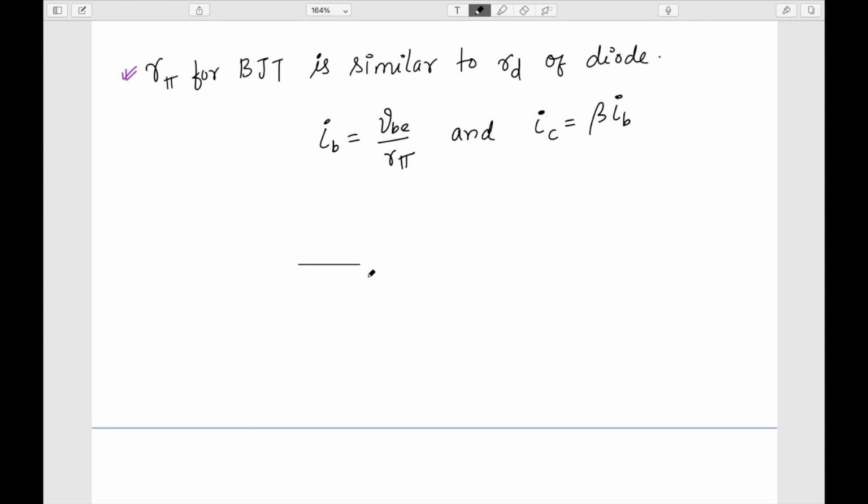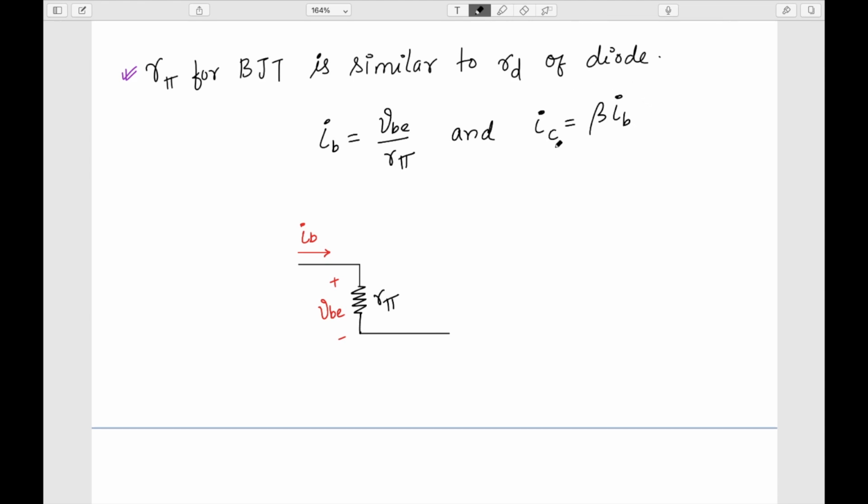We know that in the case of a diode, we represented this equation with a resistor. So here also I can represent this with a resistor R pi. If the current flowing through it is IB, the voltage developed across it is VBE, simple Ohm's law. On the other side, I have IC equal to beta times IB.